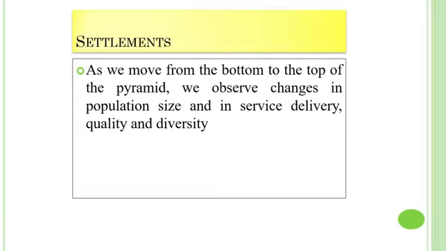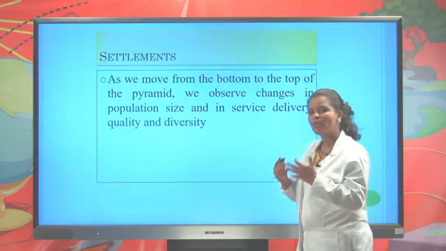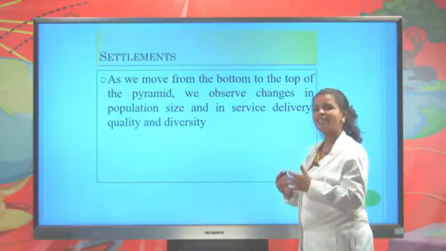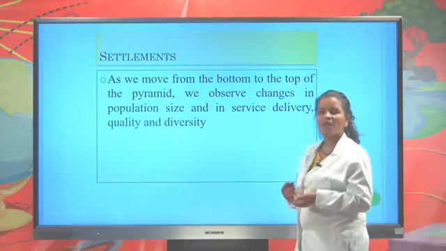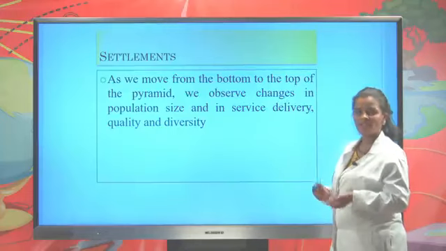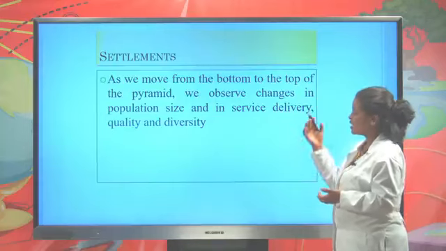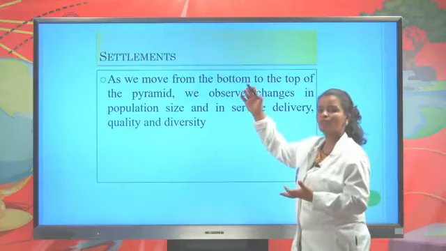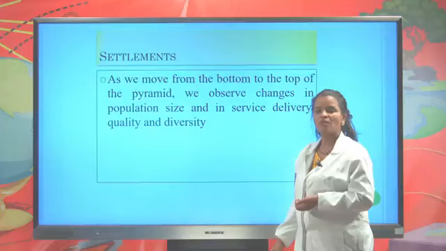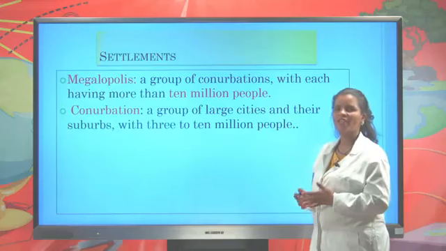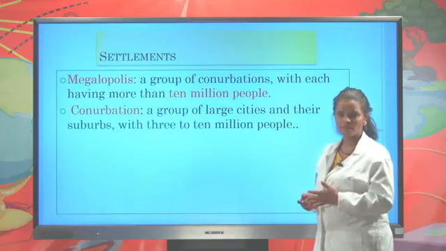As you have seen above, when we move from the bottom to the top of the pyramid, we observe change in population size and in service delivery quality. Megalopolis is a group of conurbations having more than 10 million people.